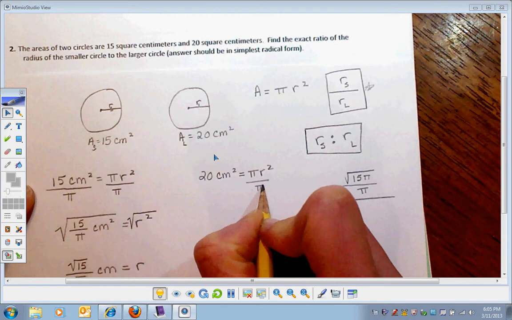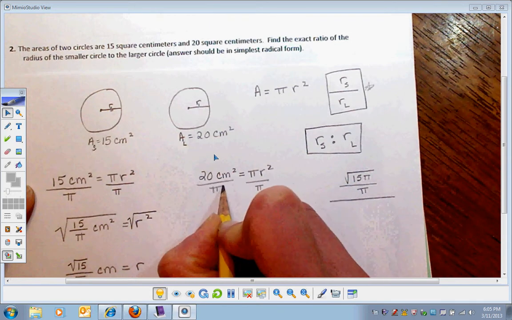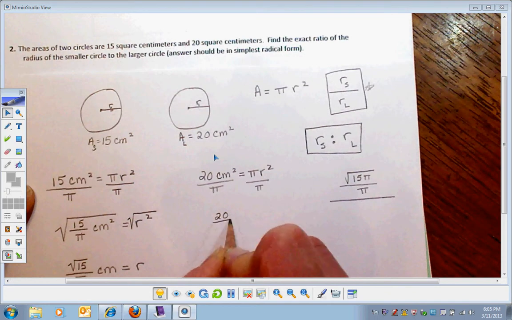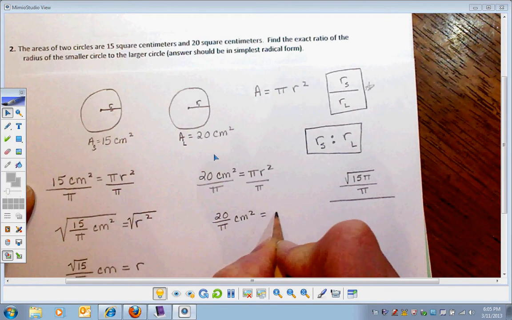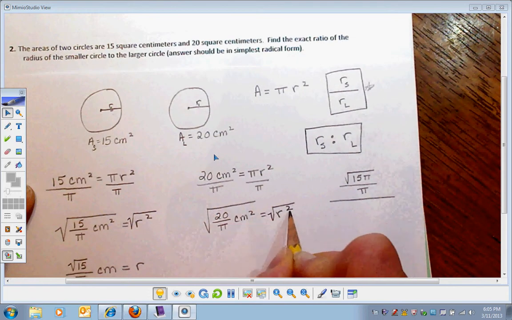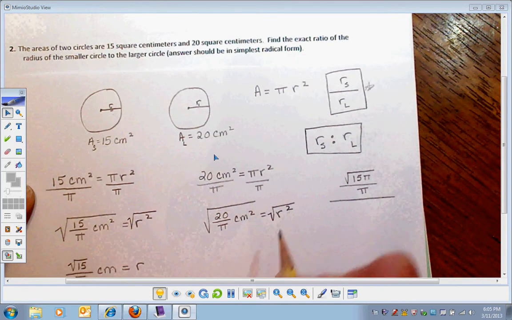Divide both sides by pi. So that gives me 20 over pi centimeters squared is equal to r squared. I'm going to take the square root of both sides so I can release that r from being squared.